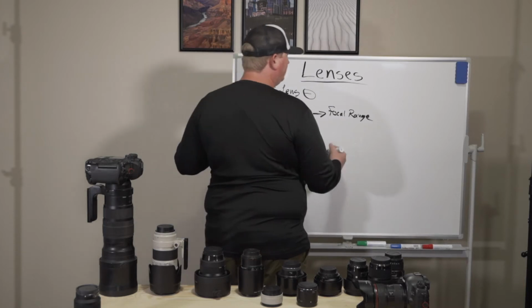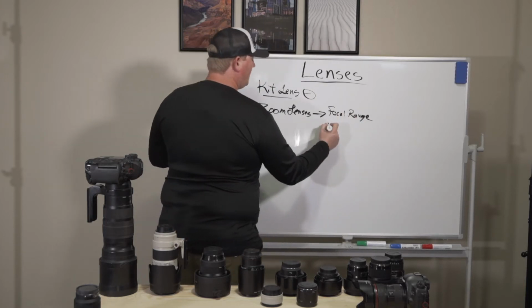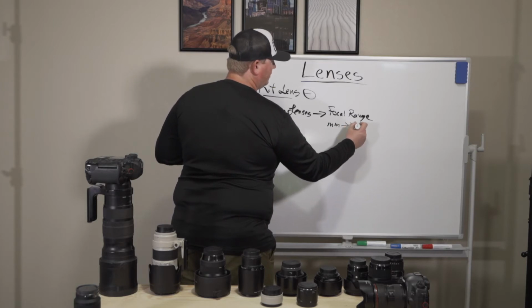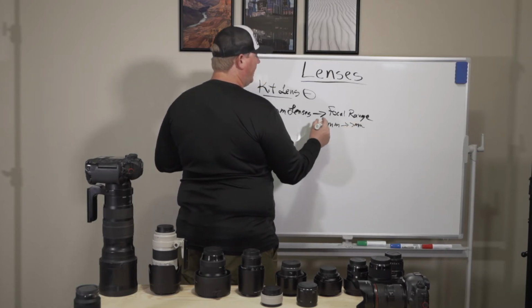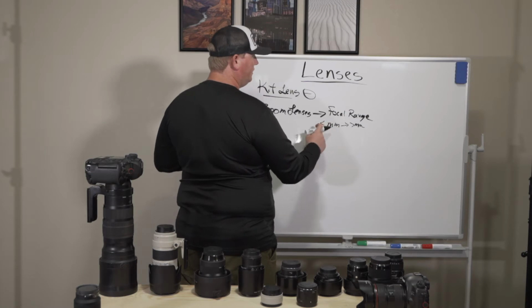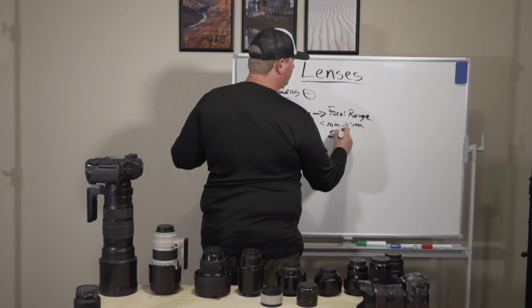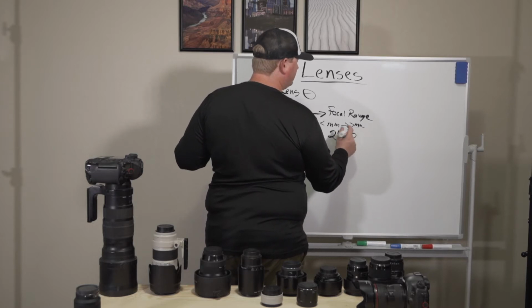Now, a focal range is your millimeters to greater millimeters, right? So it's going to have a smaller millimeter number to a bigger millimeter number. For example, you've got a 24 to 70, which is super common.